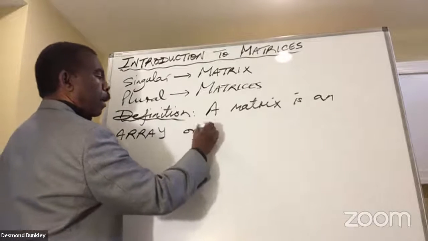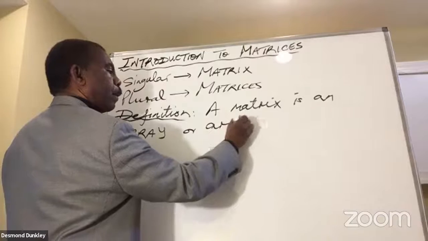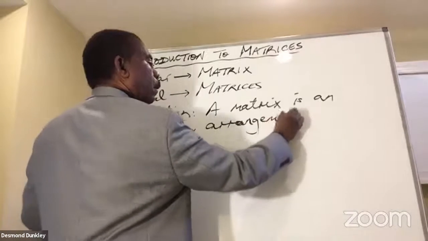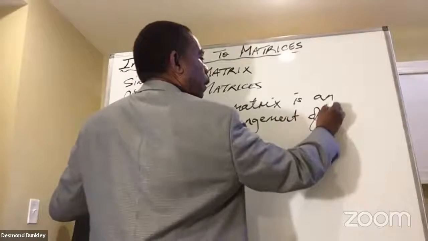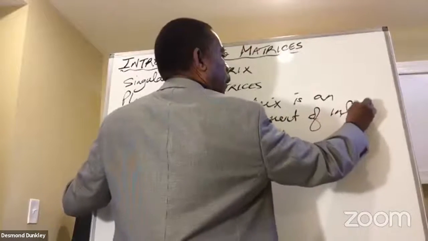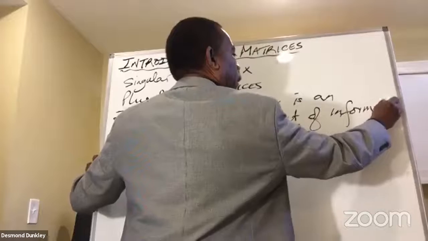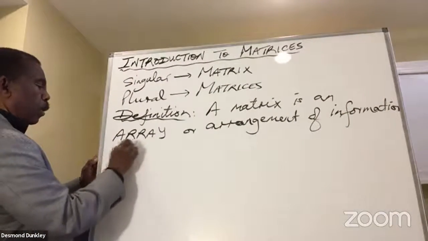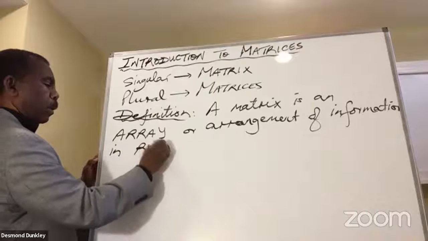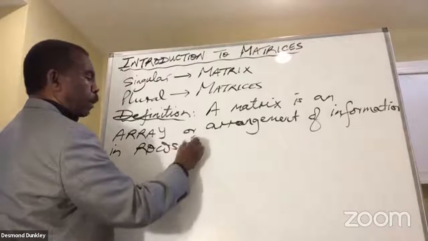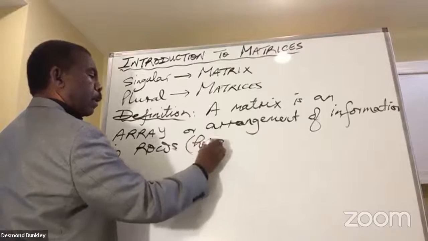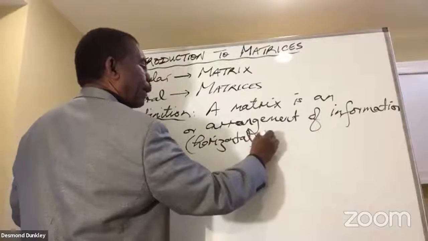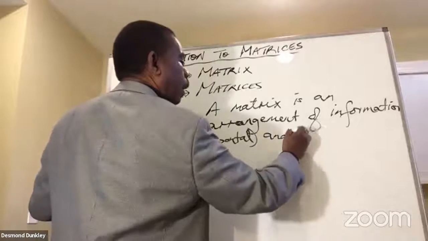or arrangement of information in rows. And of course, rows are horizontal and columns.